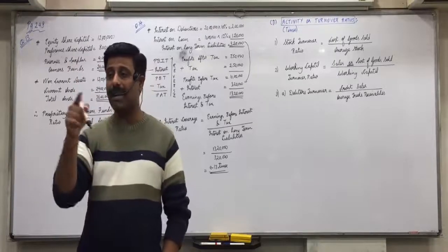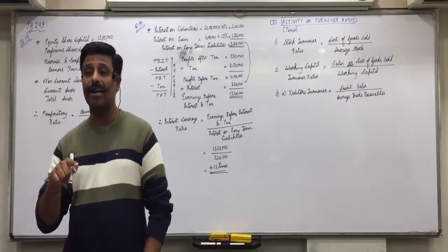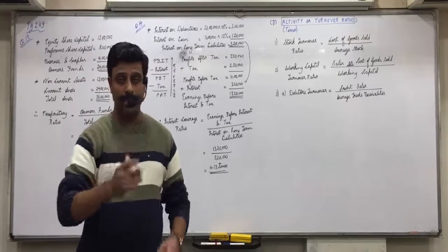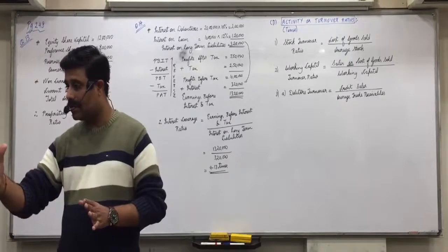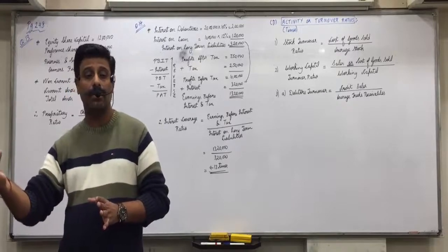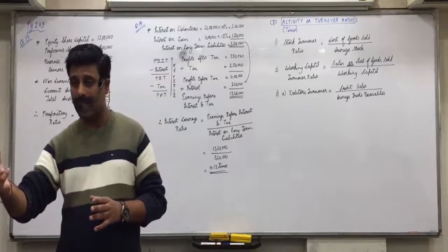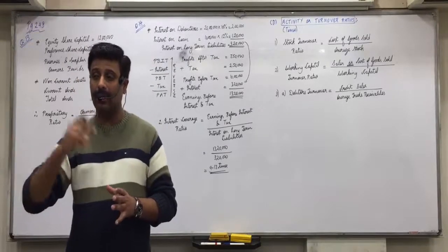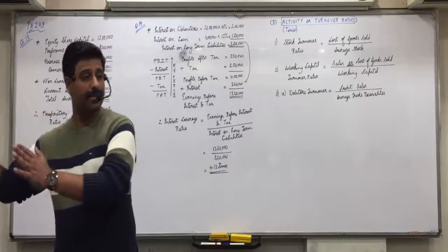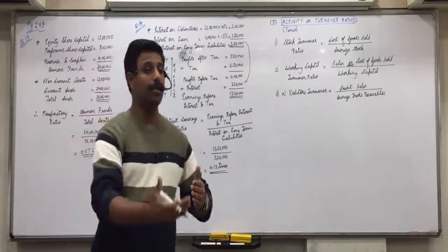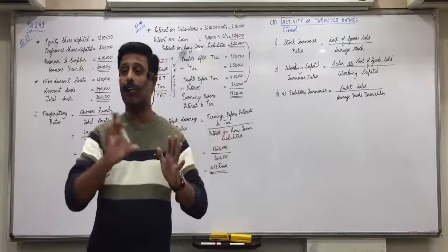So 12 months divided by 6 times. It means we are recovering the money every 2 months. Today you sell the goods to the debtors. He pays you the money after 2 months. Then after 2 months again you sell the goods. Then again he pays the money after 2 months. Again that way you sell it 6 times. Every 2 months you sell him the goods. So debtors turnover is of no use.